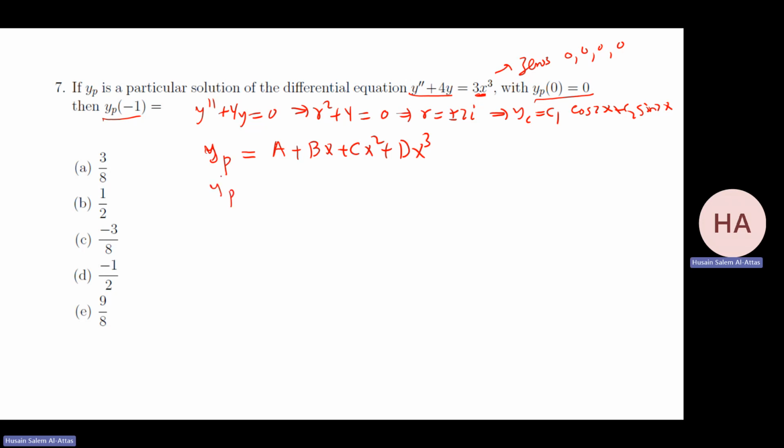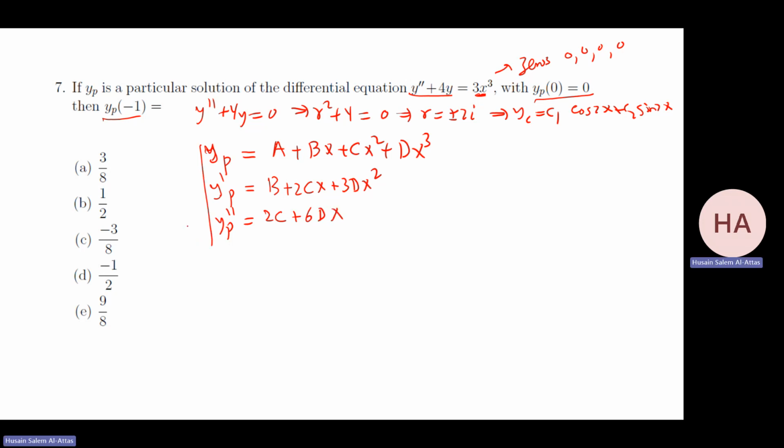I have y_p prime will be what? B plus 2Cx plus 3Dx squared. y_p double prime, that will be what? 2C plus 6Dx.